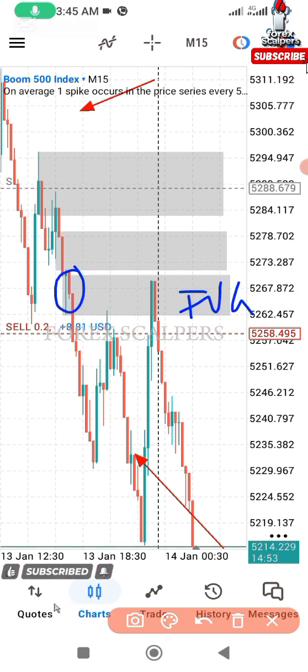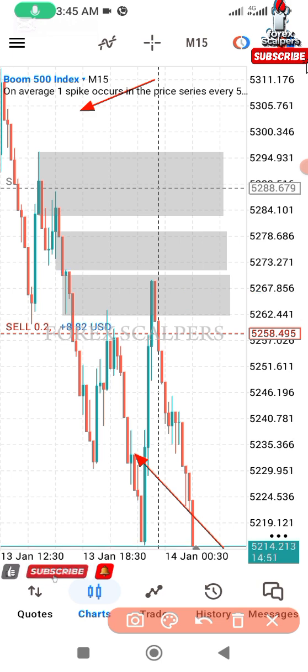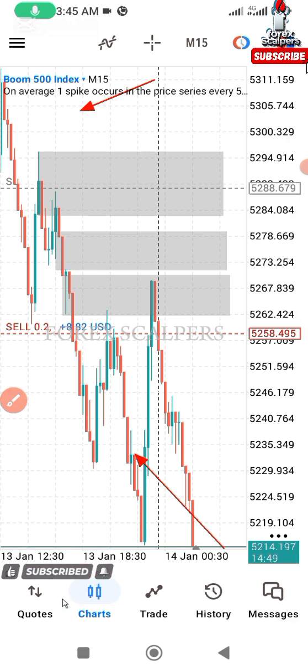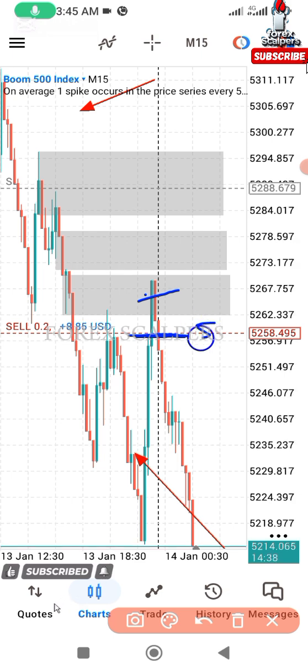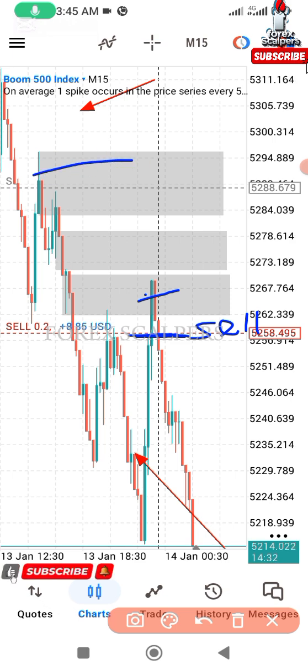When price pulled into that smart money cube, what did I do? I waited to get a bearish candle signal. So when I had this first bearish candle, I was preparing, and then when this formed halfway, I came in with my sell trade entry, and of course, I had my stop loss at this level.